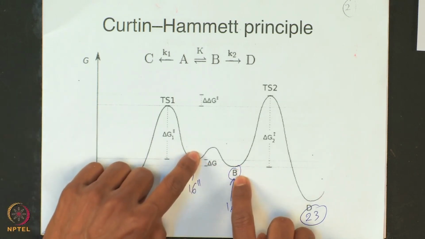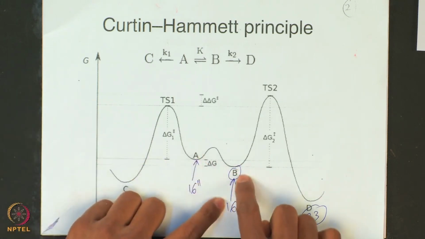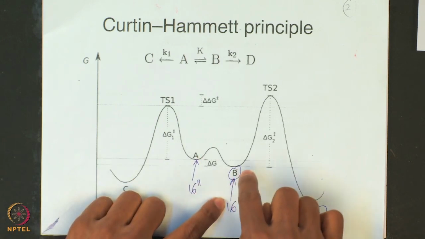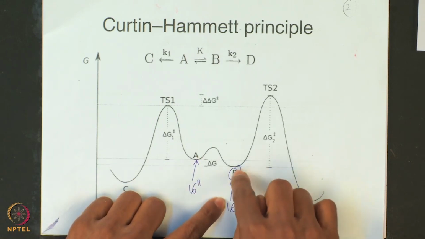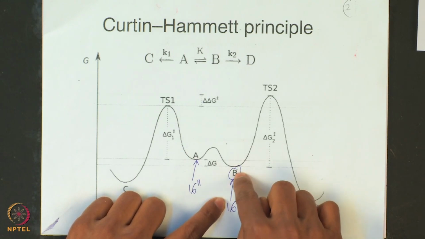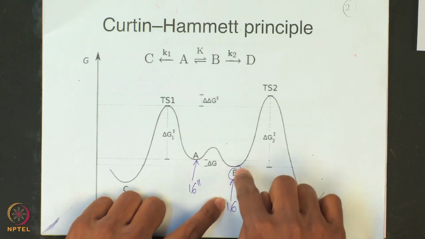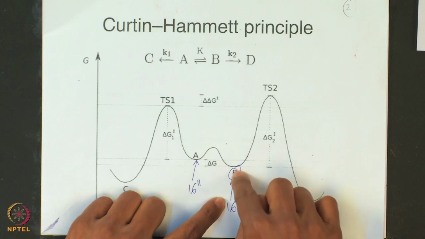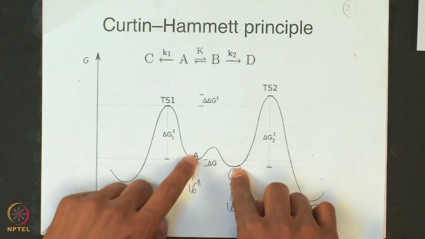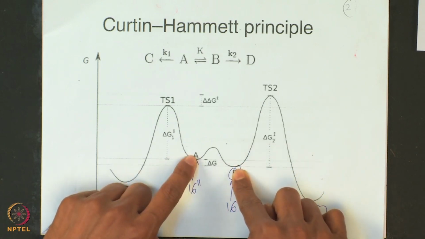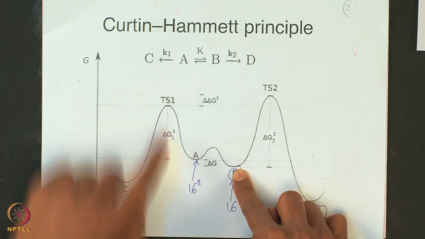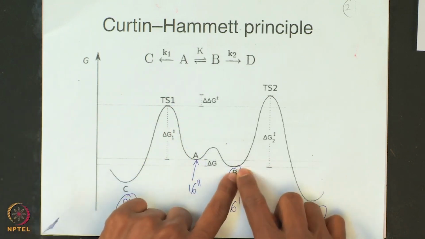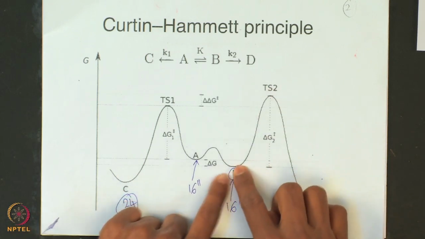If these two are intermediates, you will usually see the formation of B only from the reaction mixture. So, the characterized intermediate in this particular case is going to be B. You may be able to isolate or characterize B because A has higher energy, but from A the product formation barrier is lower, whereas from B the product formation barrier is higher.